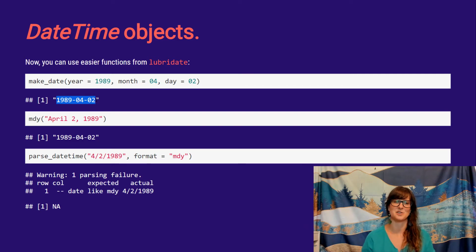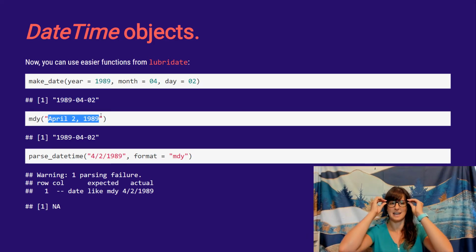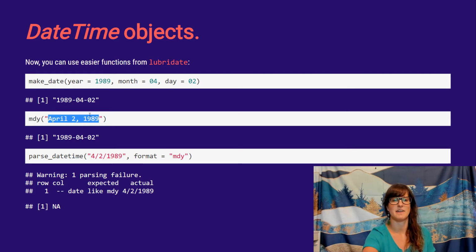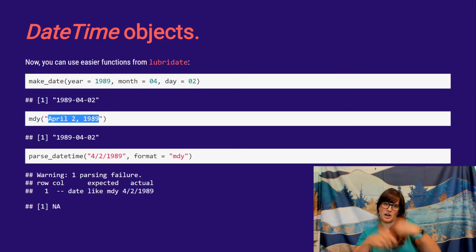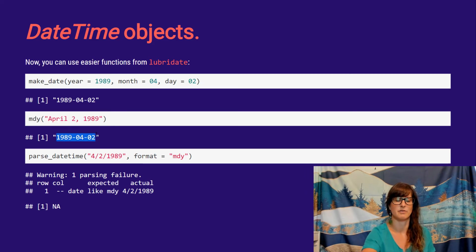There's also these nice shortcuts, mdy, month, day, year, and you can use those letters in any order at all, that tells R to read this string, looking for a month, and then looking for a day, and then looking for a year. So now if I have that kind of human-readable form, April 2nd, 1989, R says, I found a month, I found a day, I found a year. Under the hood, turns it into a DateTime object, and now we see it in standard form.